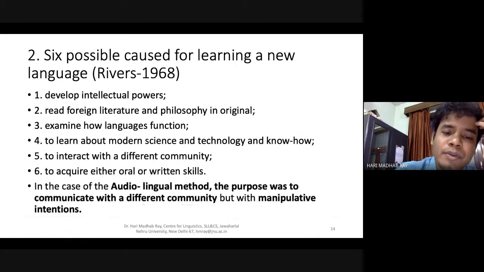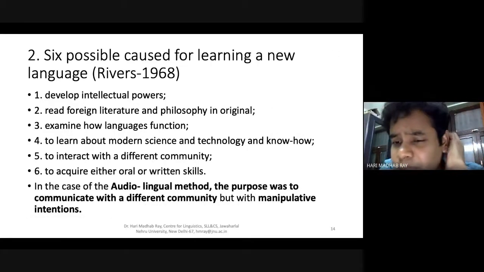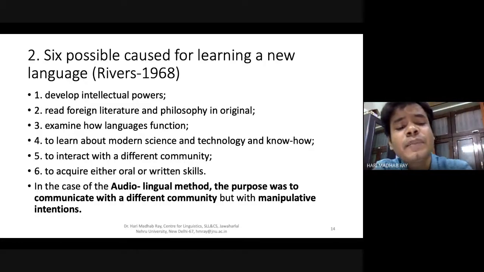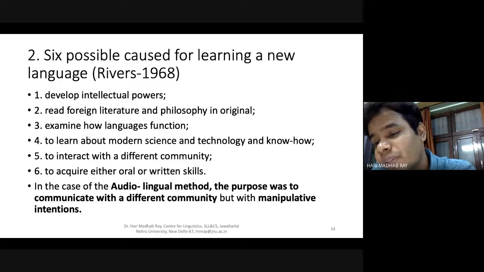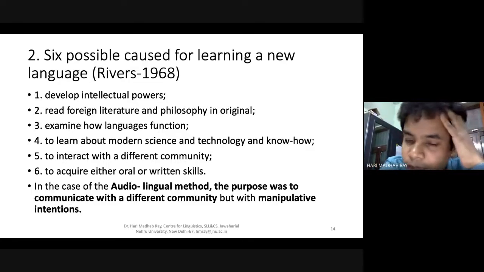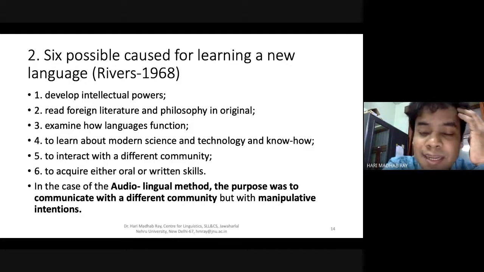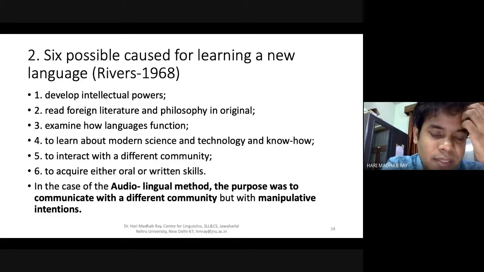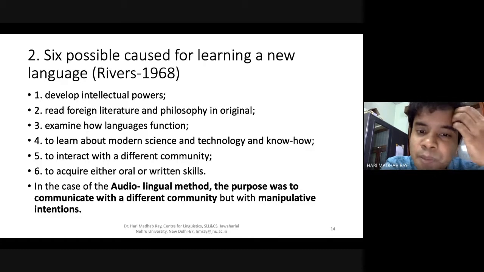But if you're talking about audiolingual methods, the purpose was to communicate with a different community, but with manipulative intentions. Manipulative intention is that because that was the time, I told you, that people were spying on other nations, or breaching the security of another, or going to another place to see what people are doing or to gather some information.